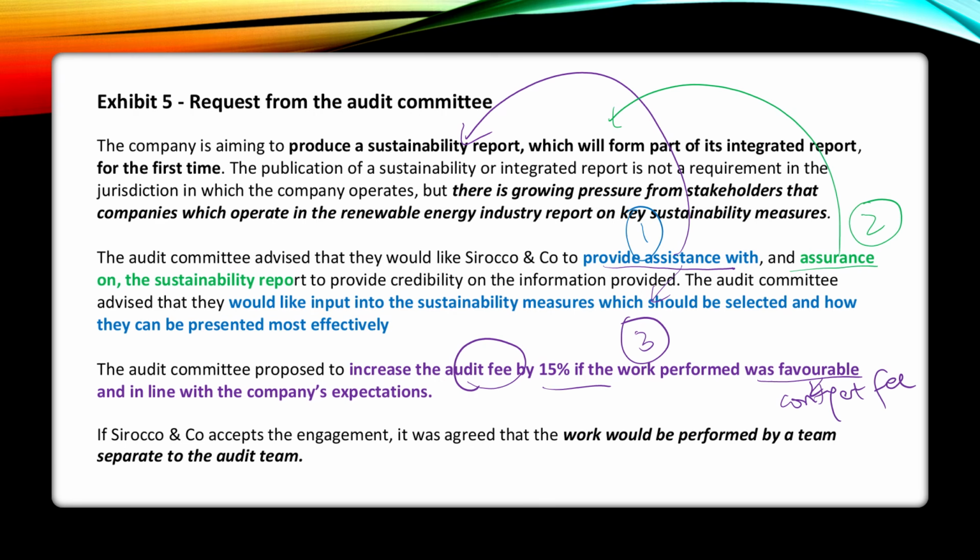So there are 3 different issues that I need to evaluate for 8 marks. Very important, nowhere in my scenario can I recommend that the work should be done by a separate audit team because they've already said that's going to be done. So I'm not going to be getting any marks if I write this down.